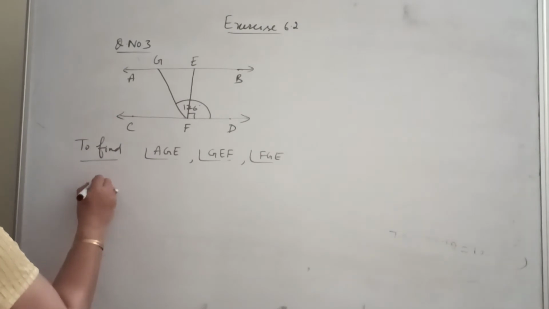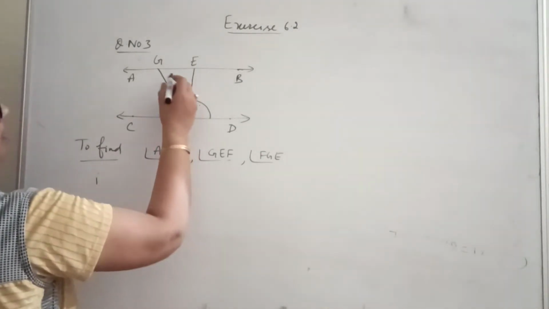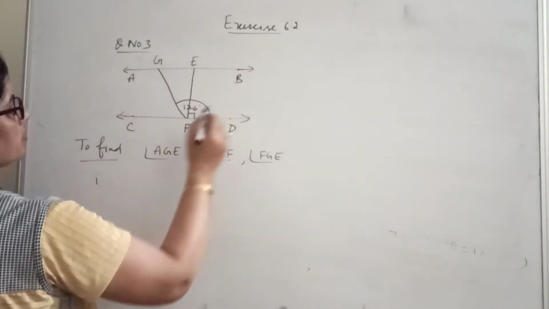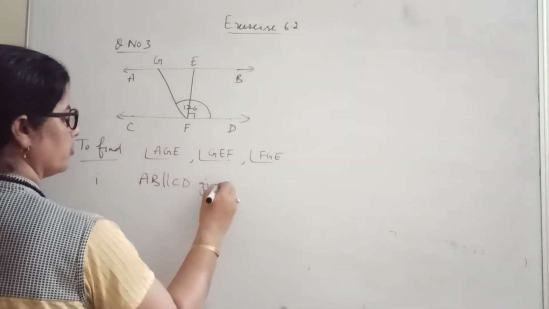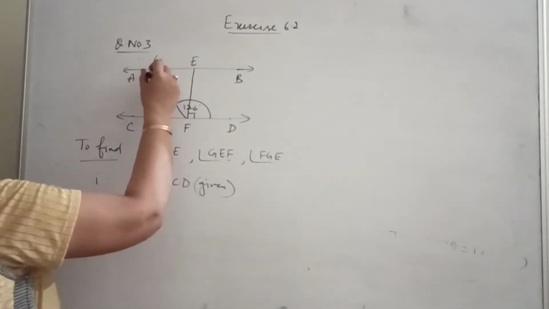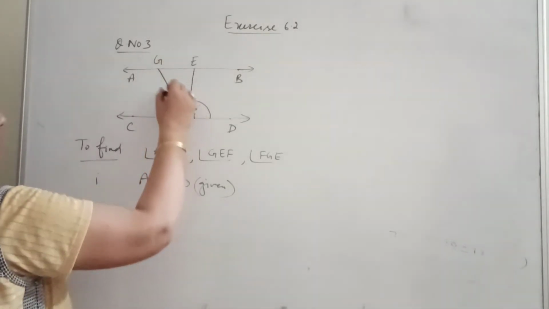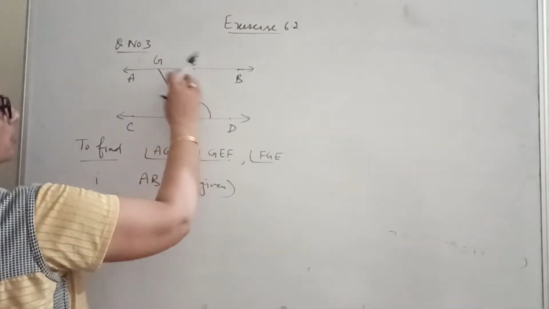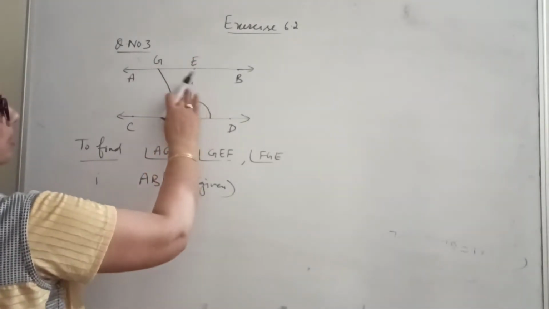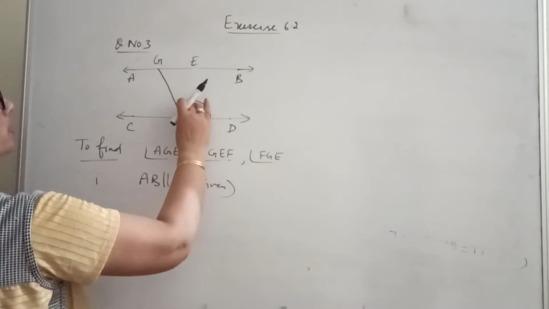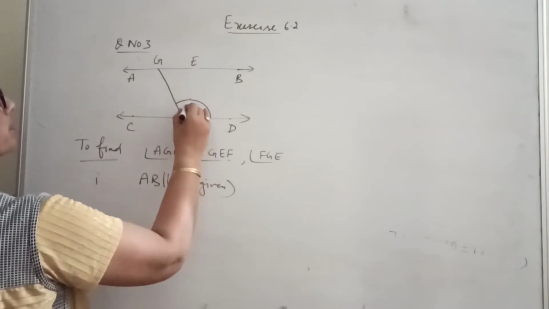Now let us take the first one here. See, these are parallel lines. AB is parallel to CD, it is given to us. If you consider only this, this is also working as a transversal. I am finding the first part, considering only this one.